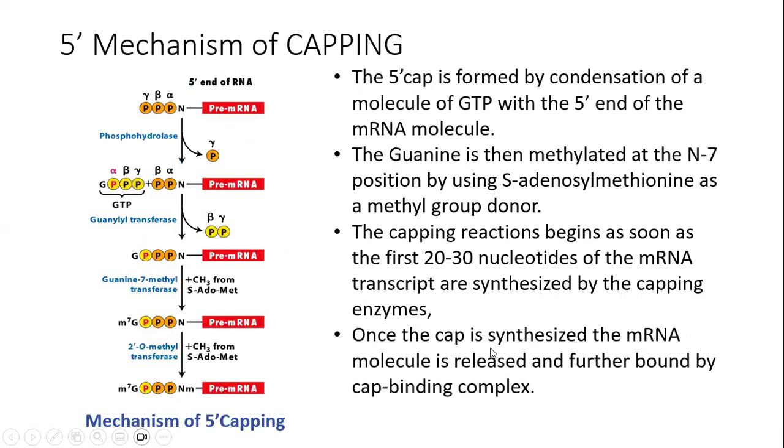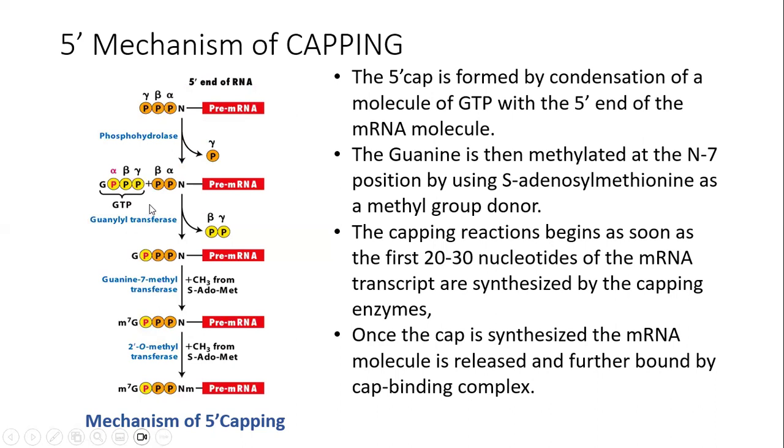So looking at the steps of 5' capping. Here we can see the immature messenger RNA molecule containing a triphosphate at the 5' terminal nucleotide, and the base first undergoes loss of one phosphate group, leaving behind a diphosphate-containing base at the 5' end of the messenger RNA.